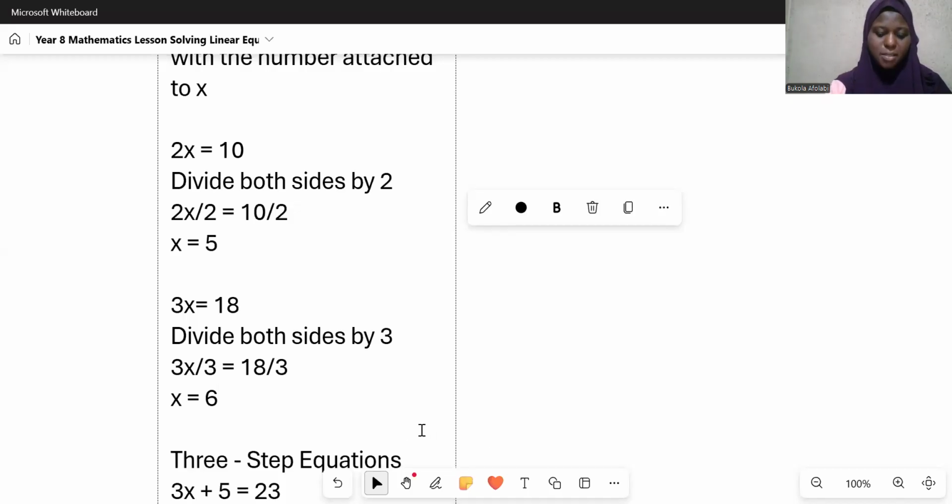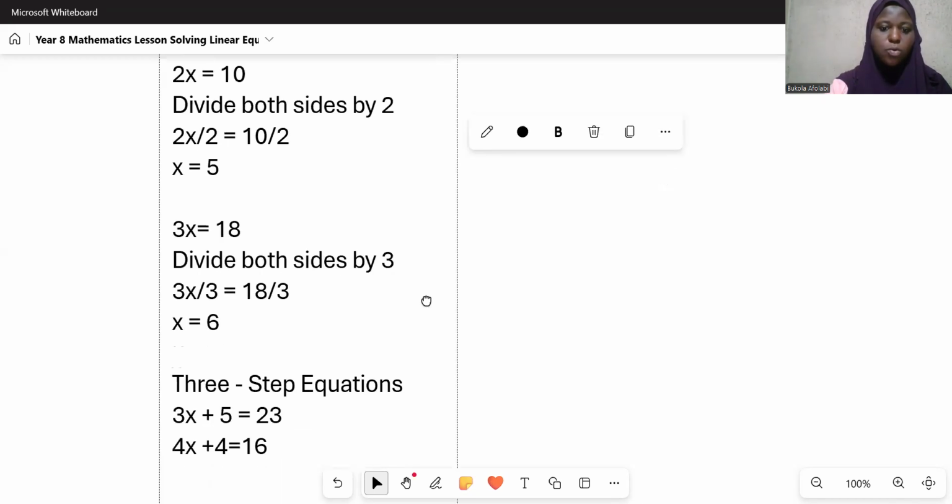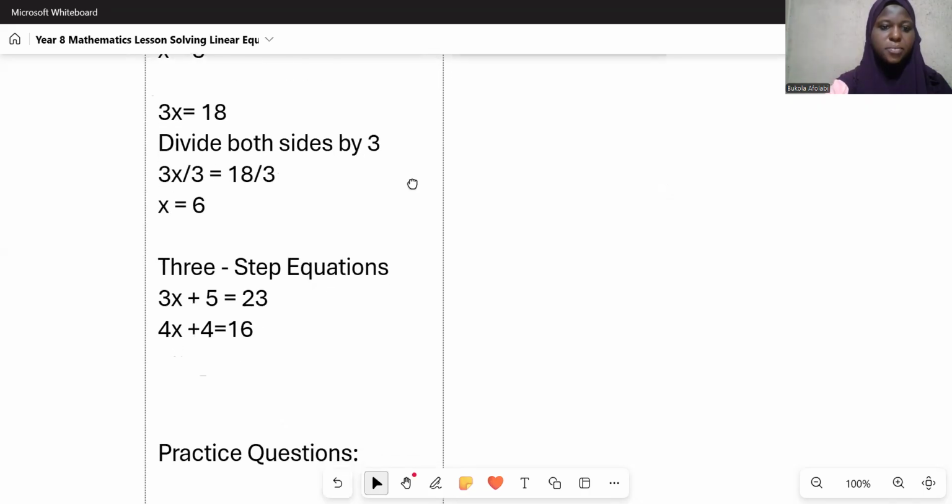Now, let's take a look at another example, which is also different from what we've done earlier. 3-step equation. As we can see, the first one is a linear equation.